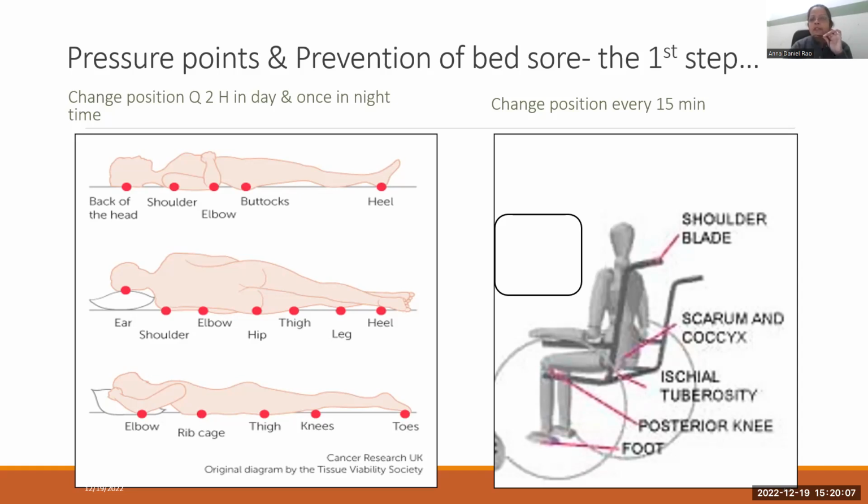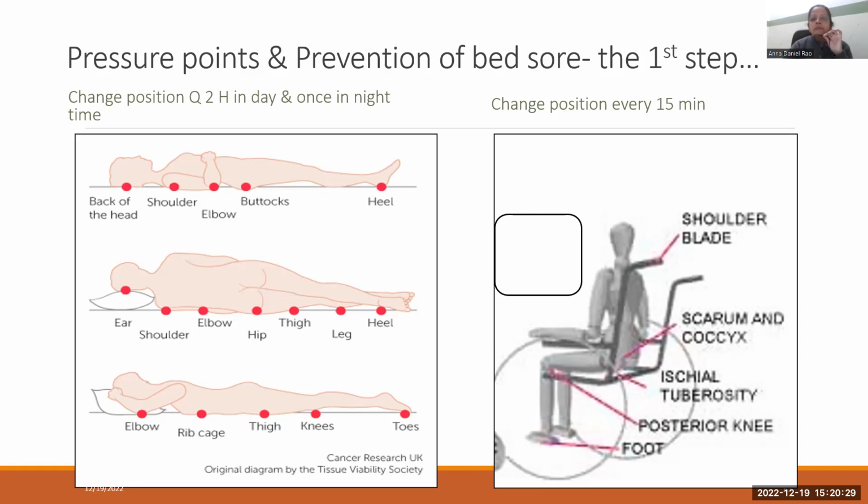And what about patients who remain in a wheelchair for a long period of time? They tend to develop pressure sores over the shoulder blade, then in the sacral region, coccygeal region, ischial tuberosities, posterior knee, and feet.